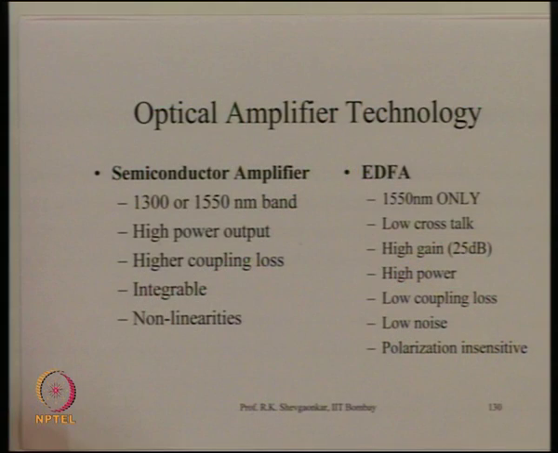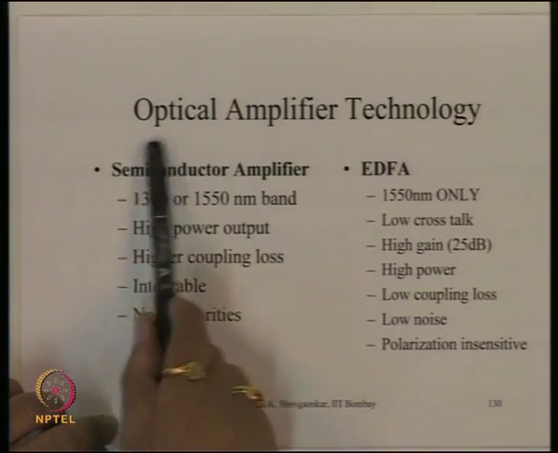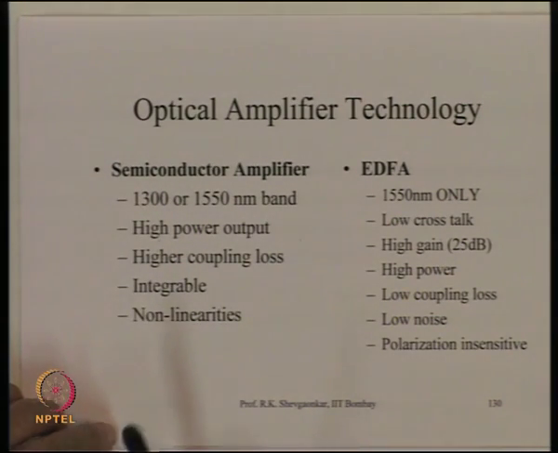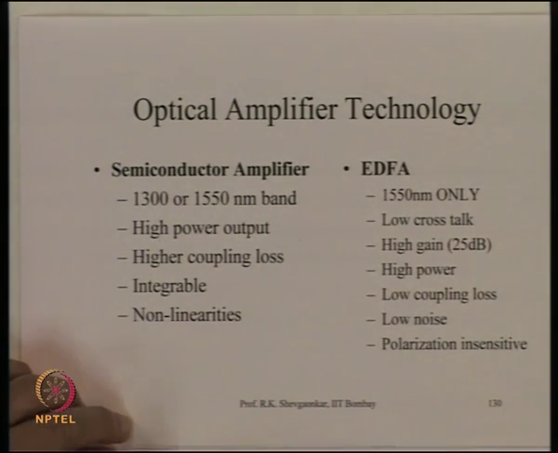Then we saw that for WDM systems we require various components, and one very important component for long distance communication is an optical amplifier. So, yesterday we had a comparison: if you consider amplifiers which can amplify the signals directly at optical frequencies, then either we can have a semiconductor amplifier, which is like a laser, or we can have a fiber based amplifier, and the most commonly used is the erbium doped fiber amplifier.